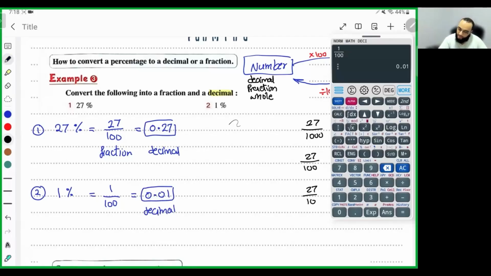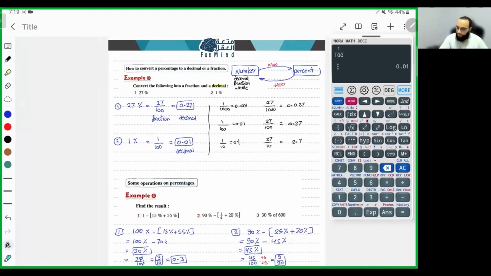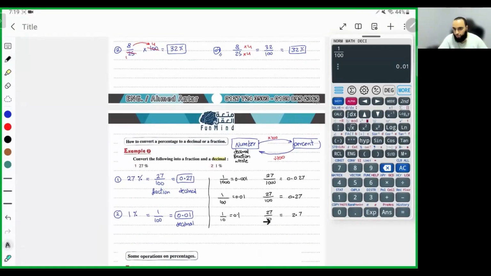If it is 1 over 1000, it's 0.001. If it is 1 over 100, it's 0.01. If it is 1 over 10, it's only 0.1. So if we have 10 in the denominator, then the decimal point is after only one digit. Here there are 2 digits because there is 100, 3 digits because there is 1000, and so on.